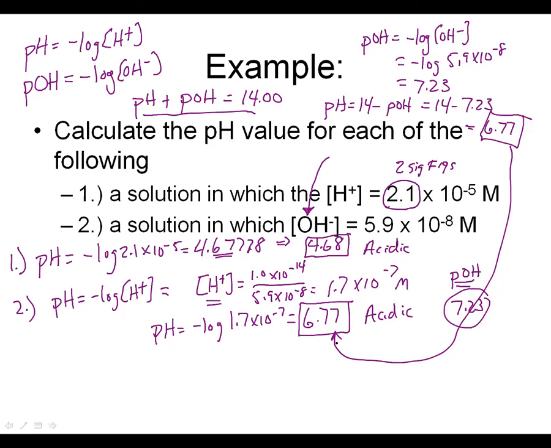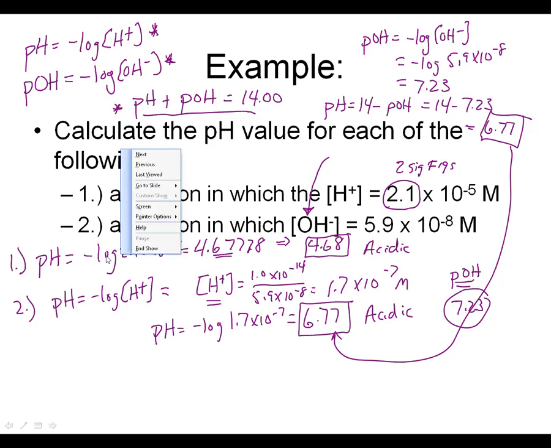You can use Kw just like we did, but now that you know the other equation, you can calculate the pOH and subtract from 14, which is sometimes a little bit easier, a little quicker. So this equation here, and this equation here are three really important equations in terms of calculating pH, pOH for a particular solution.